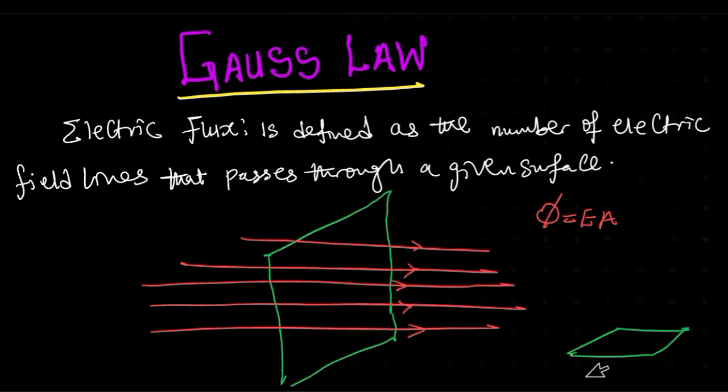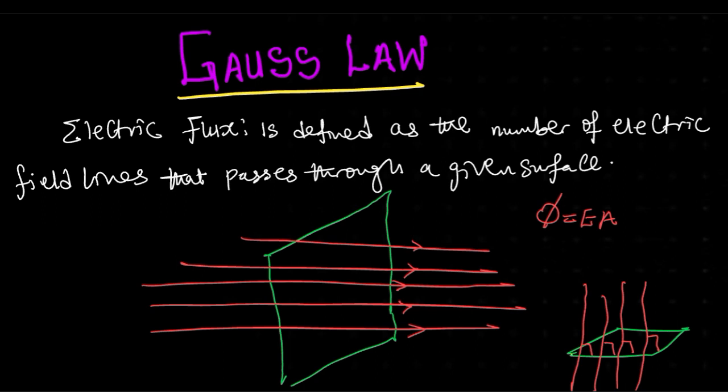The same thing, we see electric field coming out. So it's making an angle of 90 degrees to the surface. It means that the flux is measured perpendicular to the surface.